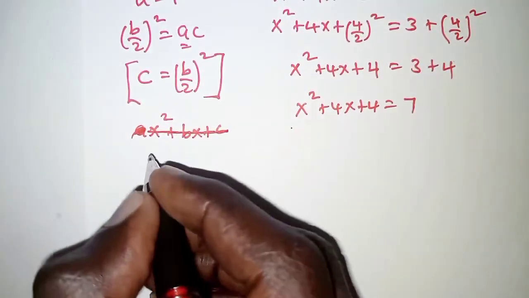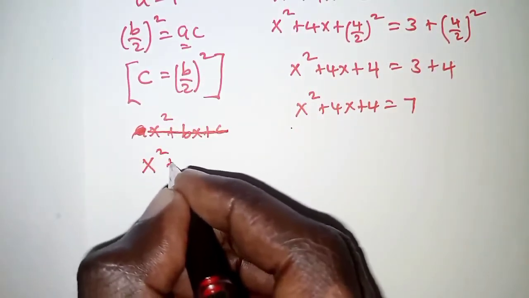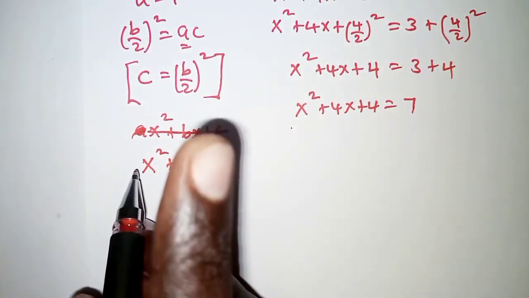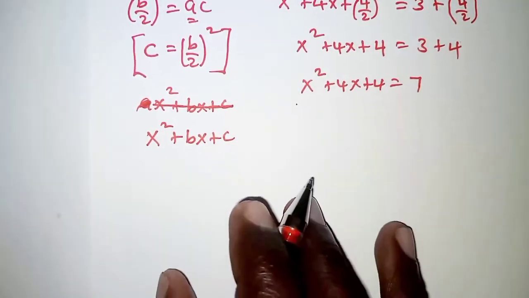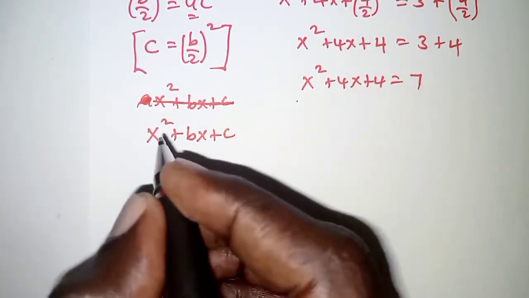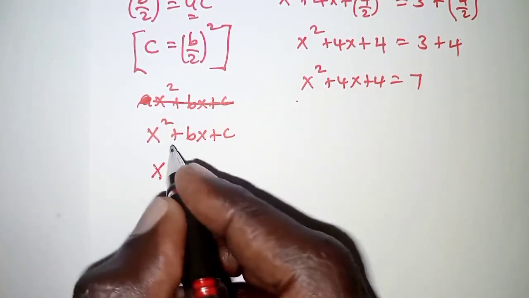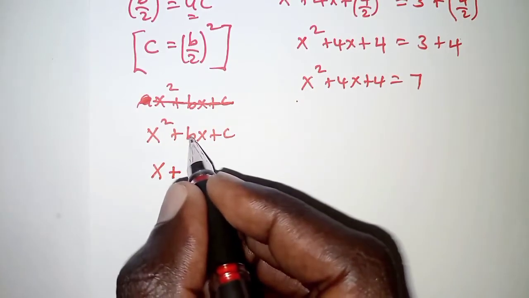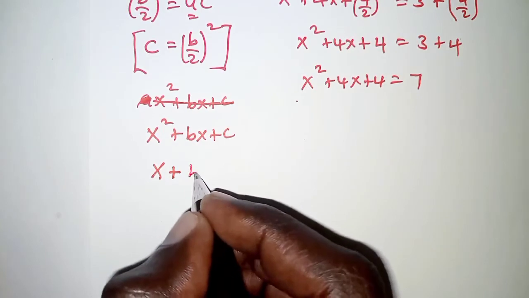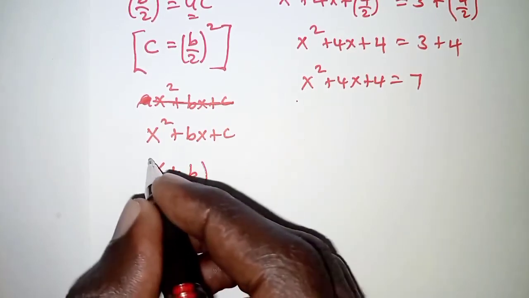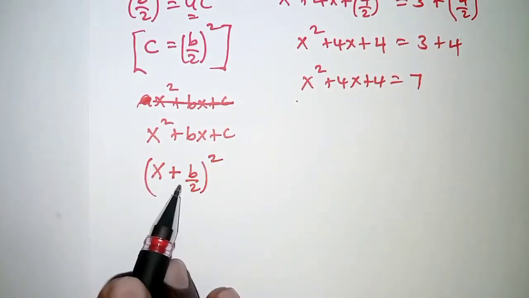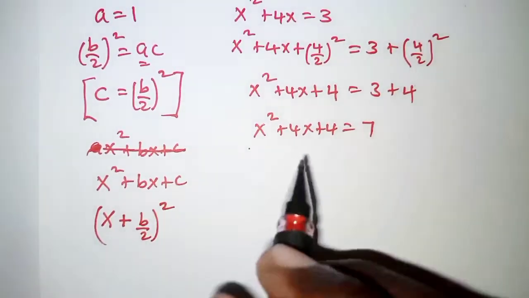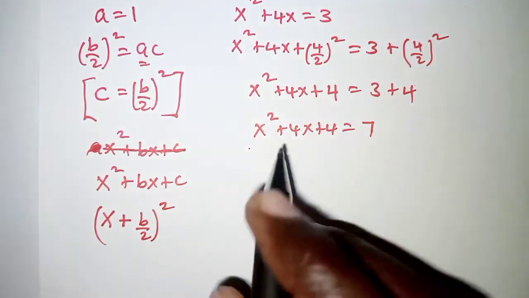If you're given a quadratic expression in the form x squared plus bx plus c, where the coefficient of x squared is 1 already, then we can factorize it straight away in a simple way by having x and then look at the sign that follows, which is plus, that is the sign of b, plus b over 2, and then you square. When you expand this, you'll get back to the quadratic expression. So that is what we are going to apply at this step.